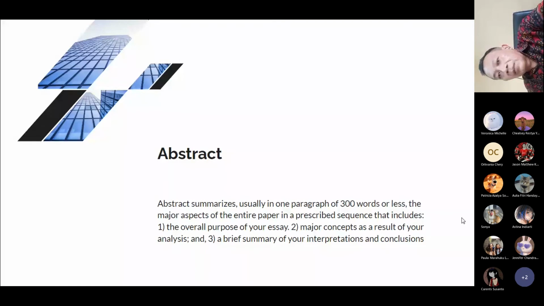Mostly an abstract expresses your central idea and key points. So the function of an abstract is to describe your essay. An abstract should begin with a brief but precise statement of certain issues you want to highlight in your essay, followed by your major findings, your major points, and the conclusion you have reached in your essay. That's called abstract. That's not difficult actually.